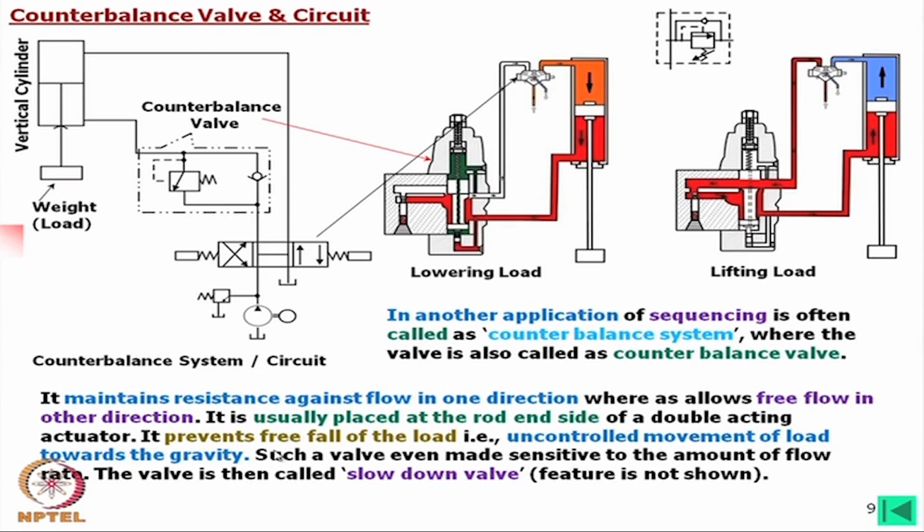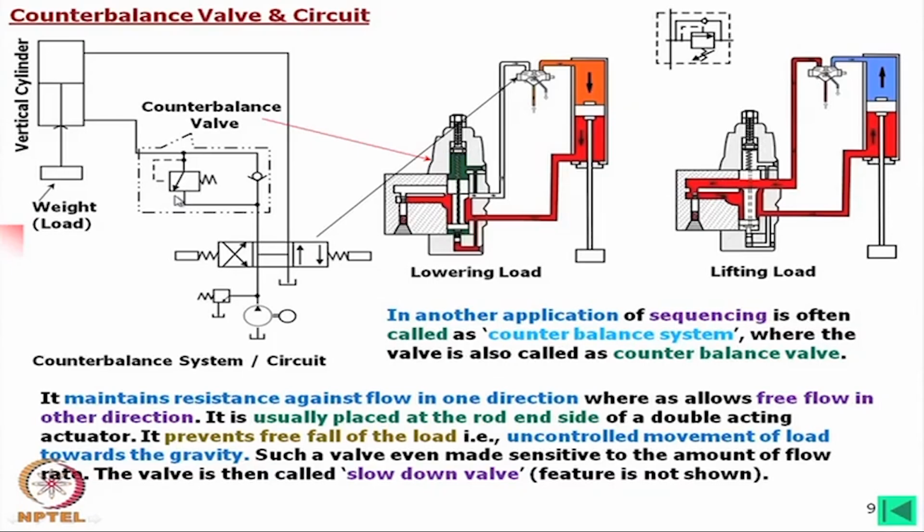Now, it is also possible that while we are using this valve, we can use another valve which is called a slow down valve, but the feature is not shown. In that slow down valve, there is a spool that, with the increase in velocity, will experience a load, and that will close the path.